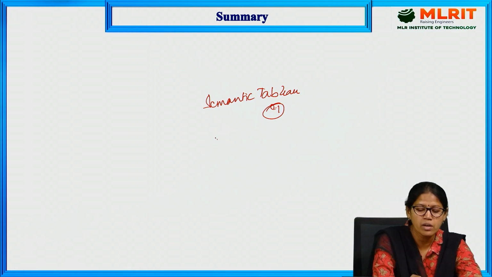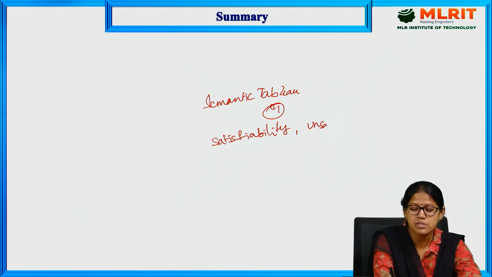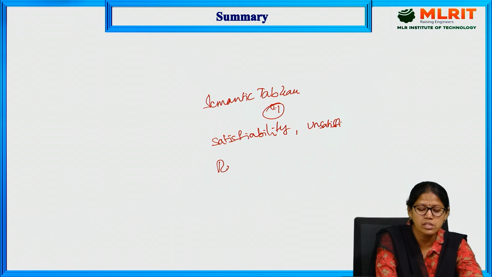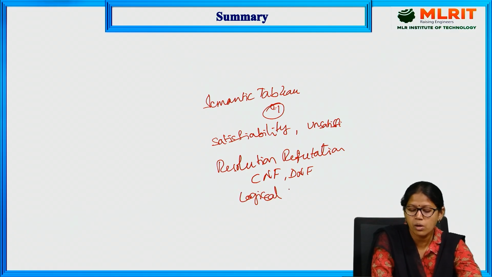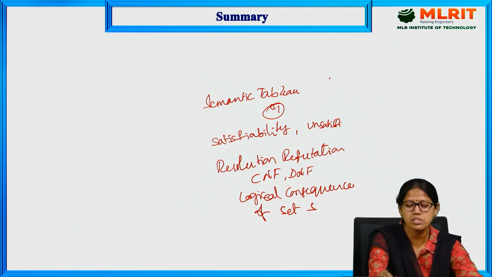Next, we have seen satisfiability and unsatisfiability of formulas with examples, and at last we have seen resolution refutation. In this we have seen CNF and DNF, and how to find the logical consequence of a set of classes. We have seen all this in this session.